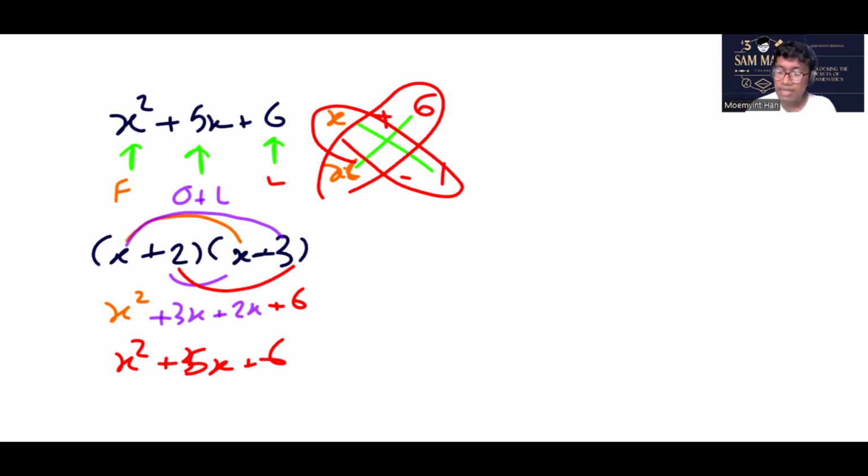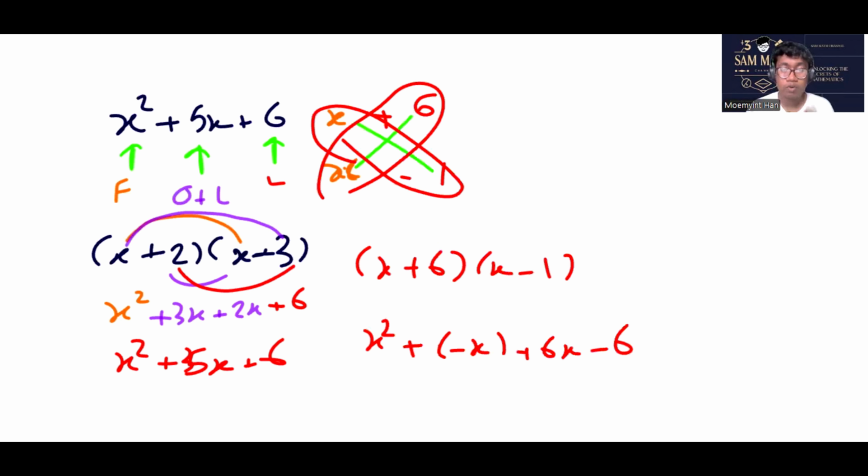Okay, let's check our answer to see if it's working here. So x plus 6 and x minus 1. It's going to become x squared for the first part. Outside part is minus x. Inside part is 6x. And outside is minus 6. Wow.